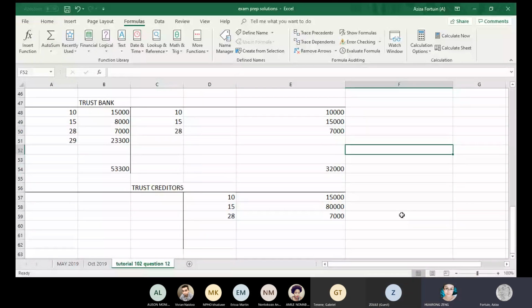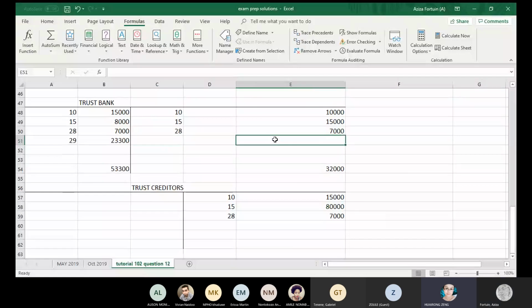Yes, we also credited the fidelity fund. That is in my payment, trust bank. Yes, that 15 rand we paid on the 31st.